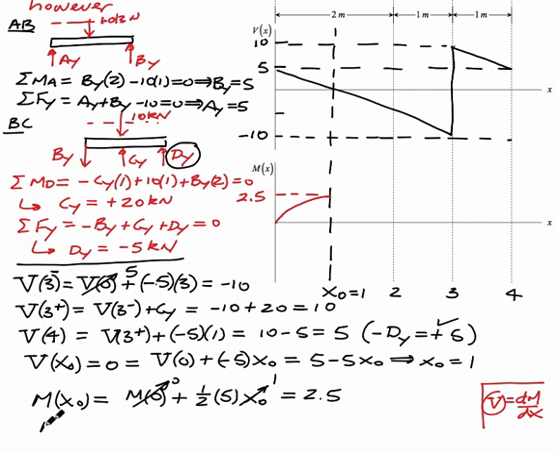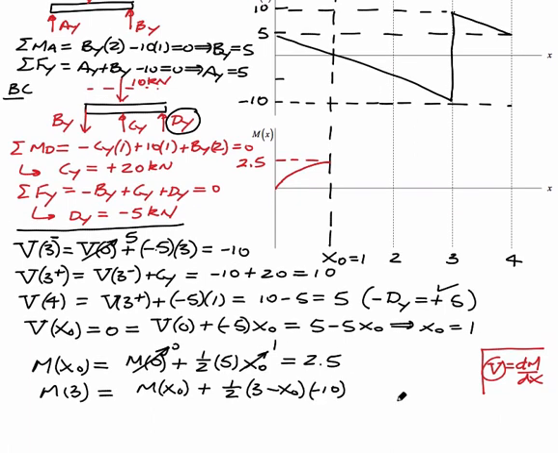We can now write M at 3 as being M at x naught. We just found that. That's 2.5. Plus the area under the shear force curve, it's 1/2 the base, which is 3 minus x naught, times the height there, which is minus 10. That, therefore, is equal to 2.5.